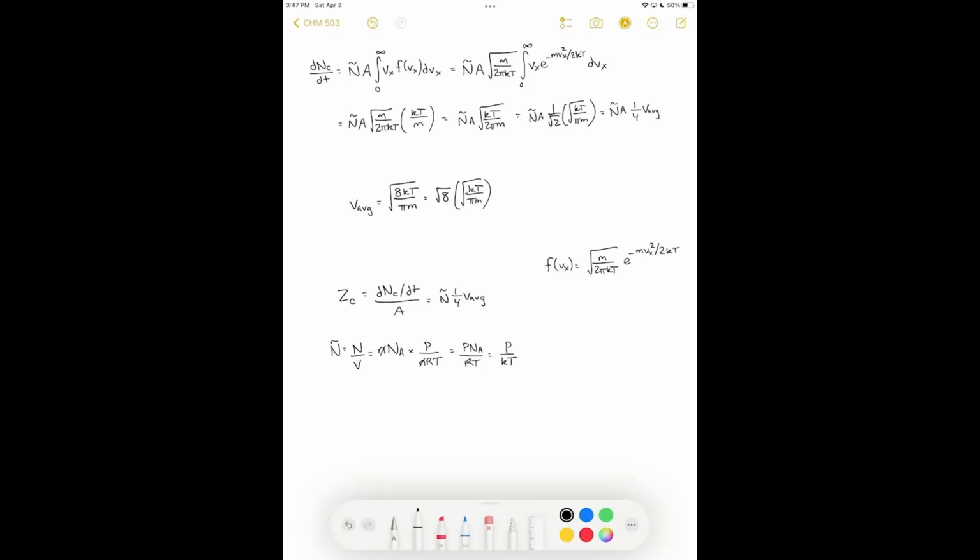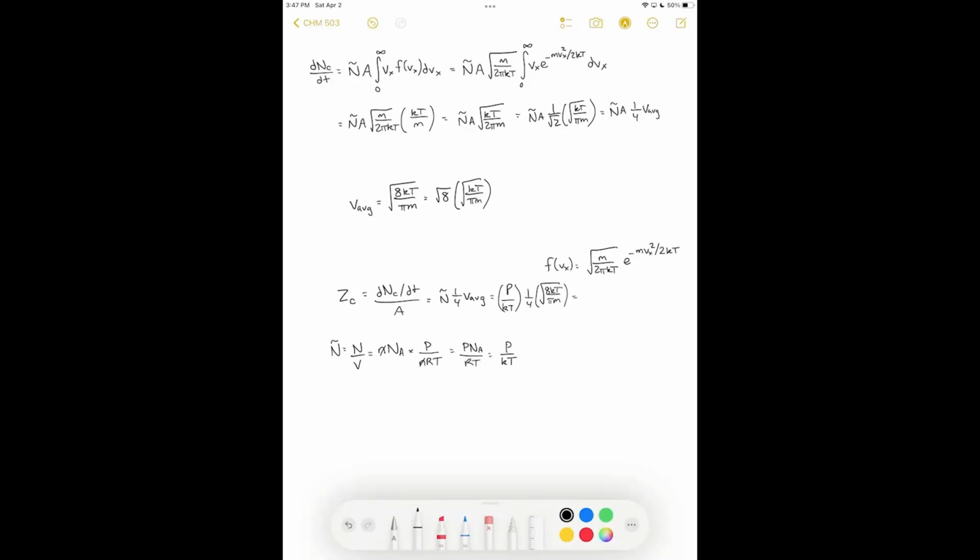So we can substitute that back into the collisional flux, and this will give us a collisional flux of P over kT times 1/4, and we can put the average velocity back in there. The average velocity is going to be the square root of 8kT over pi m.